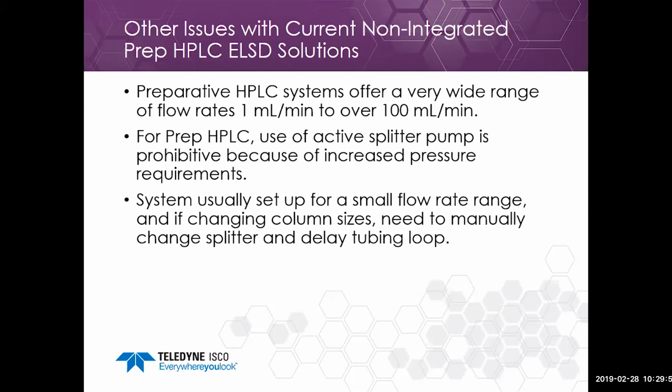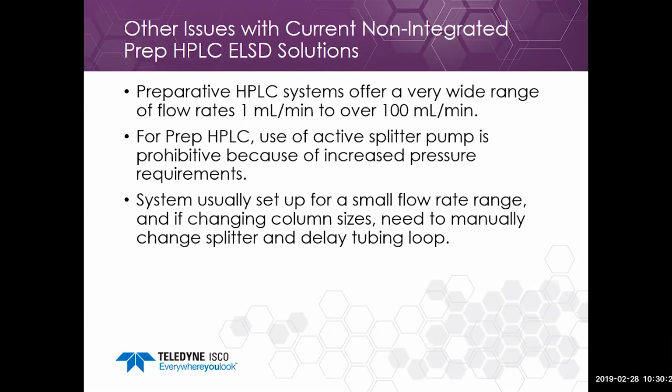And systems are usually set up for a small flow rate range. If you're usually using a 20 millimeter column, it's probably set up to optimize around 20 mL a minute. If you're using a 30 millimeter diameter column, then it's probably set up to have optimal peak overlap around 40 mL a minute or a range around there, and higher for 50 millimeter columns.